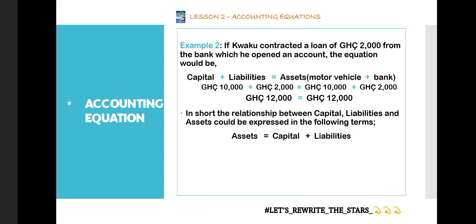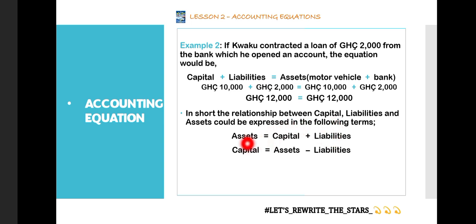In a situation where we don't know the value of the capital, we can generate a different equation just by changing the subject. So the second equation we can derive from the first equation is capital is equal to assets minus liabilities. The assets, which is the properties of the business, is the total of the owner and the other people.